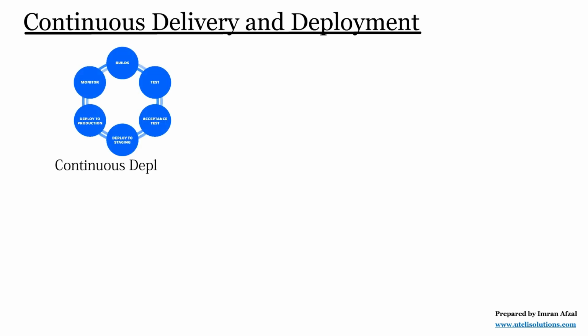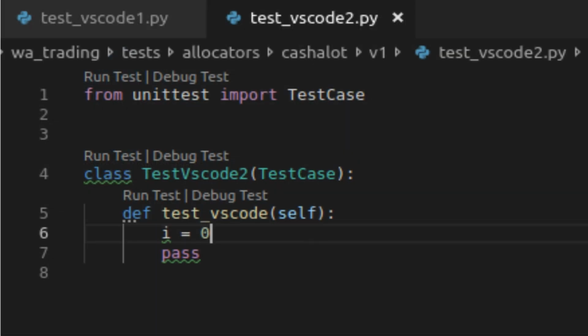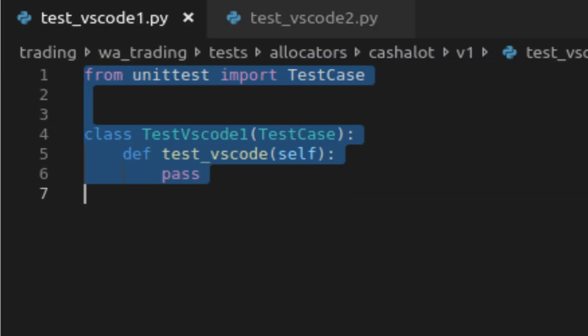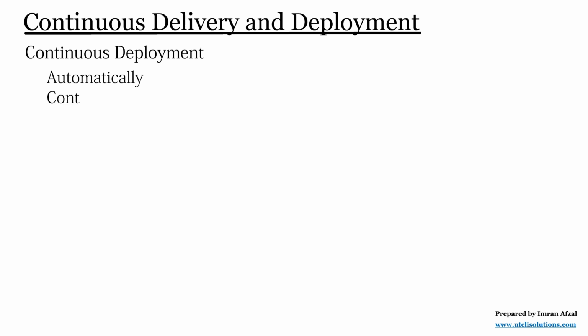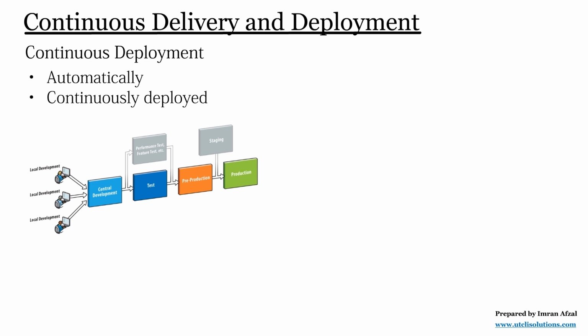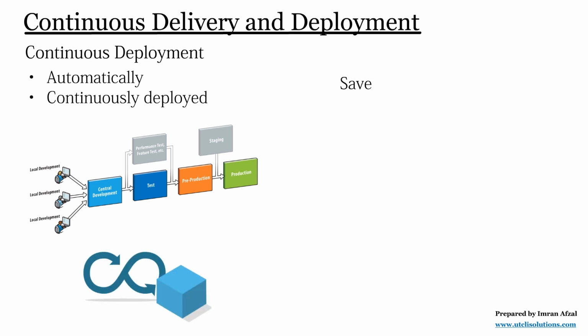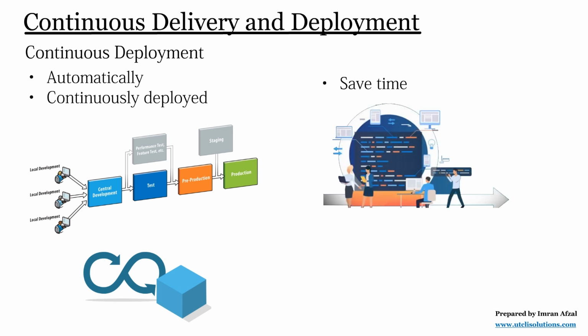named continuous deployment. In continuous deployment, finally, all previously tested code changes are automatically and continuously deployed to production environment. Due to the automated deployment of changes, we can save a lot of our time as software can be rapidly released with no compromise on its quality.